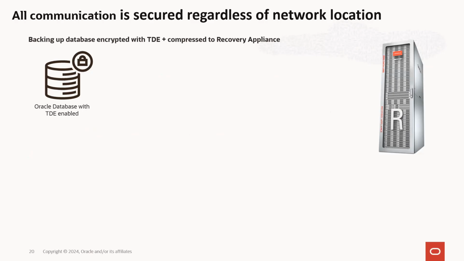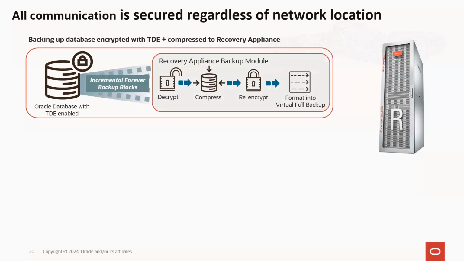That's what we do in our cloud, and with that encryption the backups get sent to the recovery appliance. What the recovery appliance is now able to do is compress those encrypted backups and send them on as encrypted backups. So it decrypts them, compresses them, re-encrypts them, and we're still able to create an incremental forever backup of those databases.